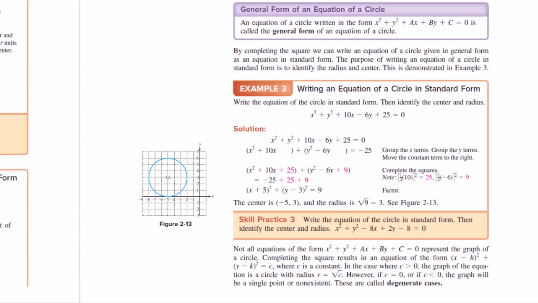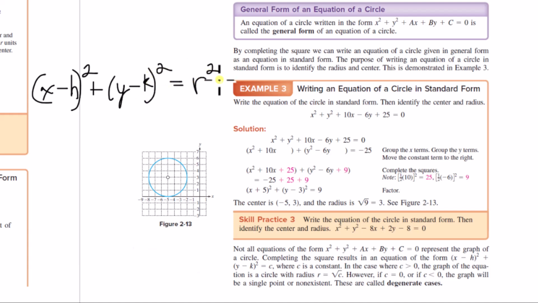Great. Now we're going to talk about something that explains why, with the standard form of the equation of a circle, the r can't be negative. Why can't this r be negative?